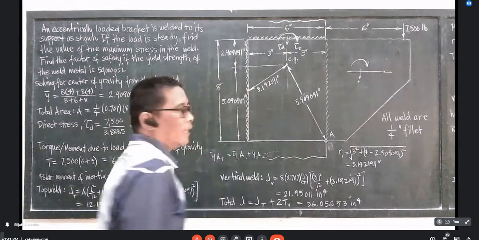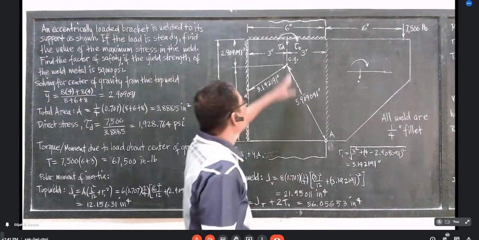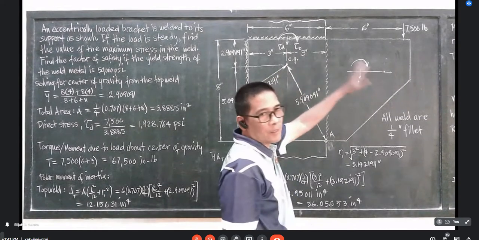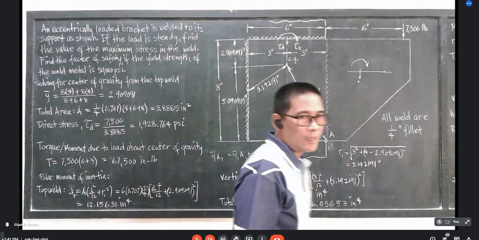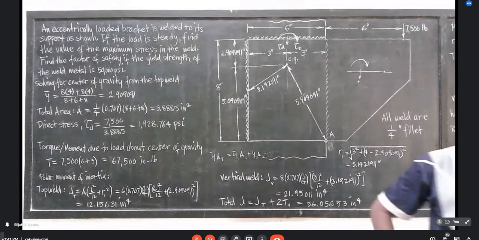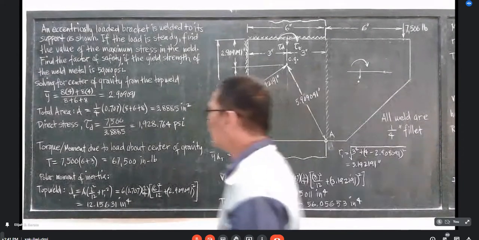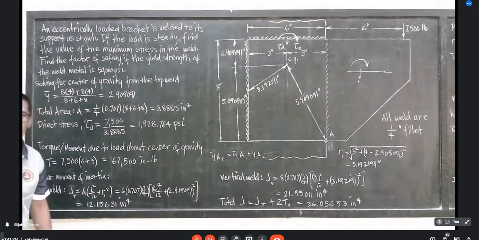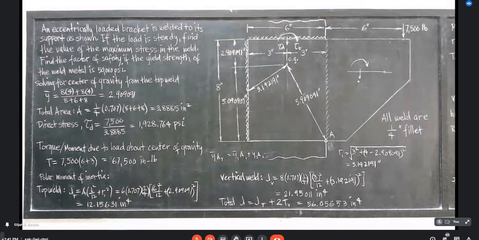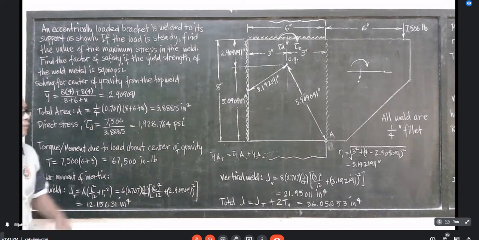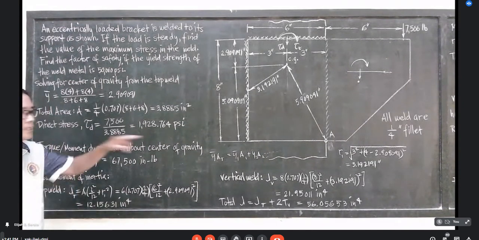So, the direct stress is, of course, how much? It has just been transferred, so 7,500 divided by the total throat area. So our direct shearing stress is 1,928.764 psi.